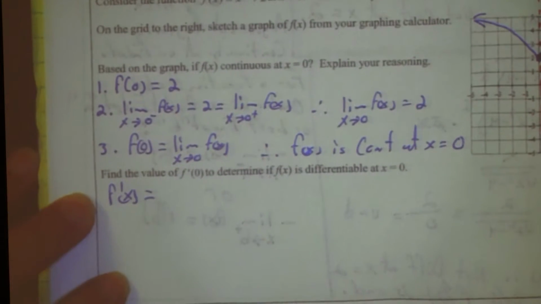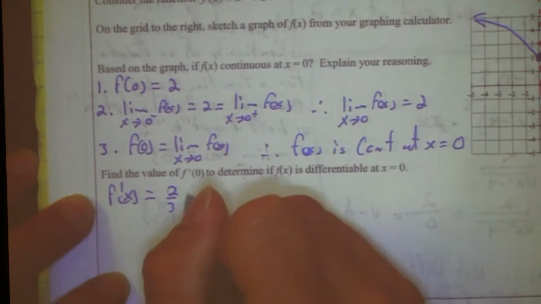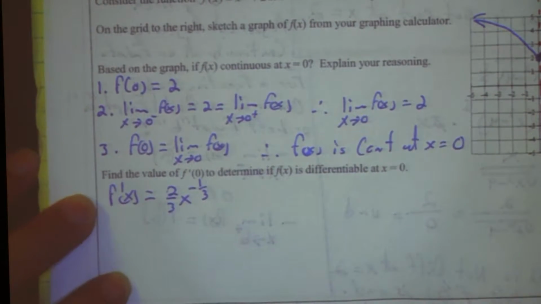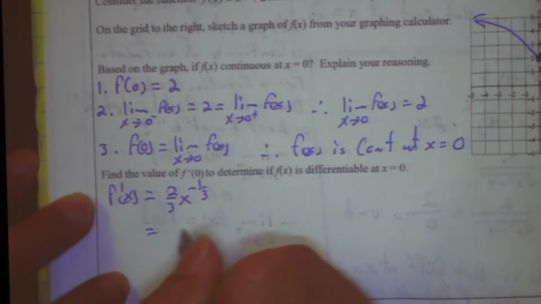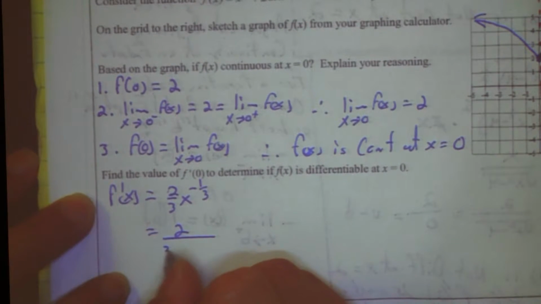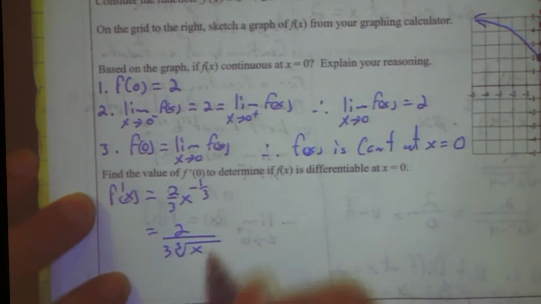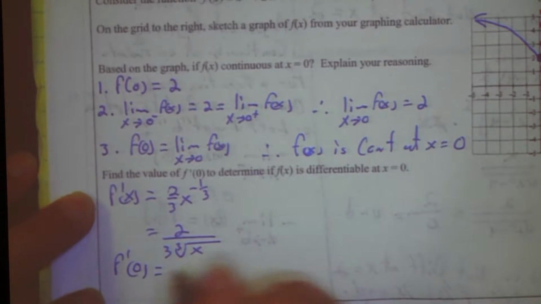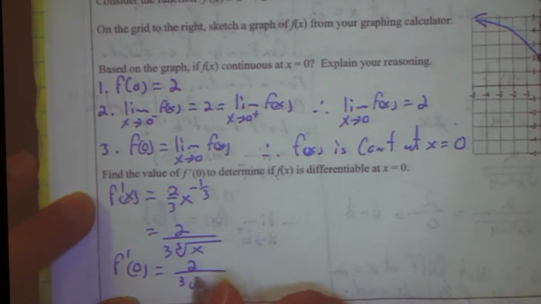Power rule. 2/3 x to the negative 1/3. Okay? And we could rewrite that as 2 over 3 cube root of x. And we're going to evaluate it at 0. So we get 2 over 3 cube root of 0.